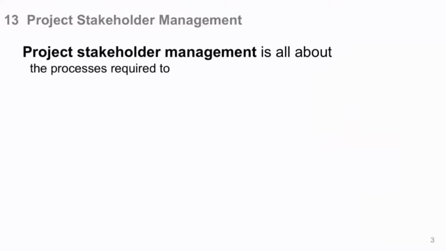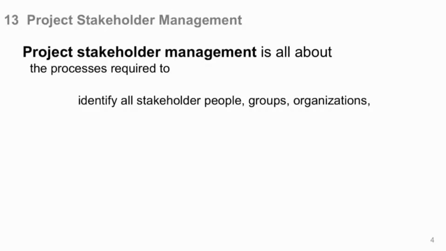So what is stakeholder management all about? It's about the processes. Everything in PMBOK is about processes. So it's the process to identify all the stakeholders. They could be people, they could be groups, they could be organizations, whatever. And you need to analyze their expectations about your project.